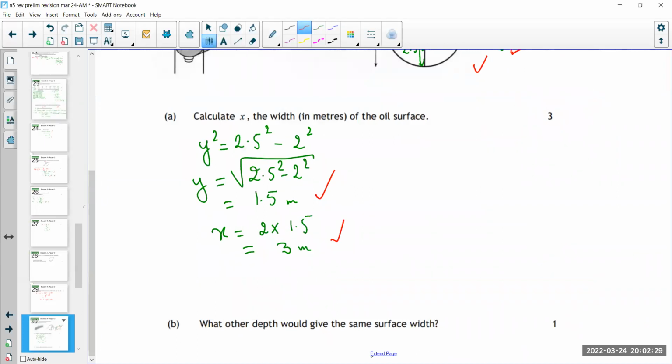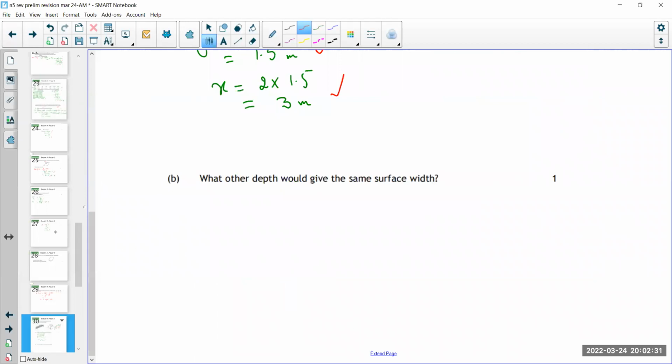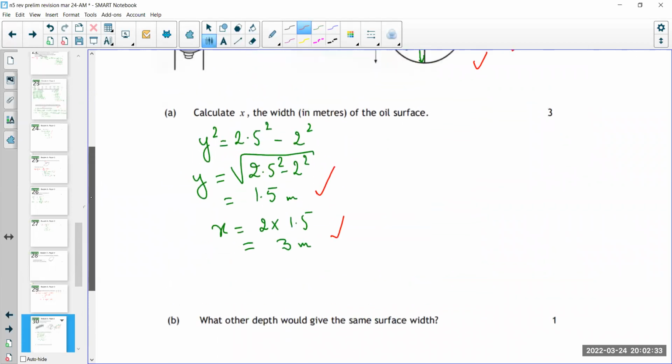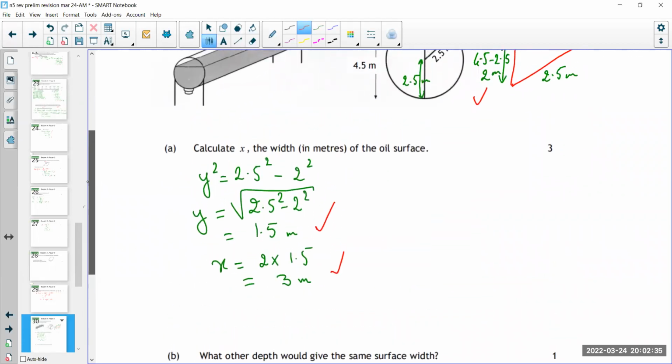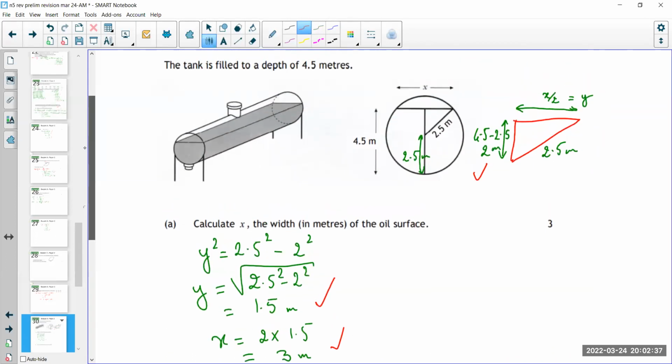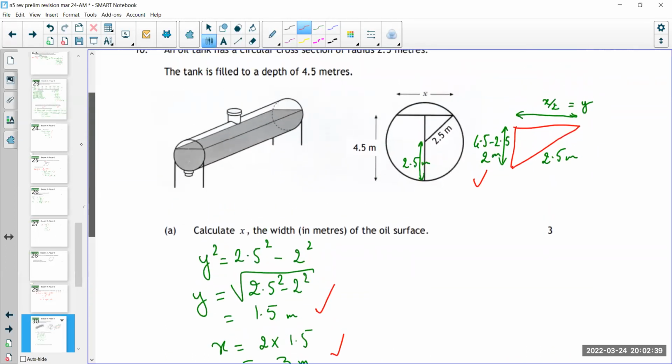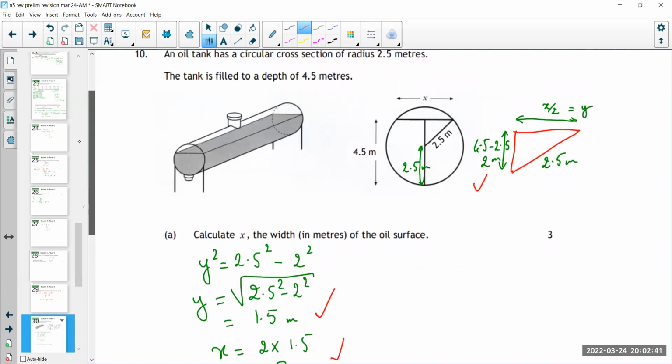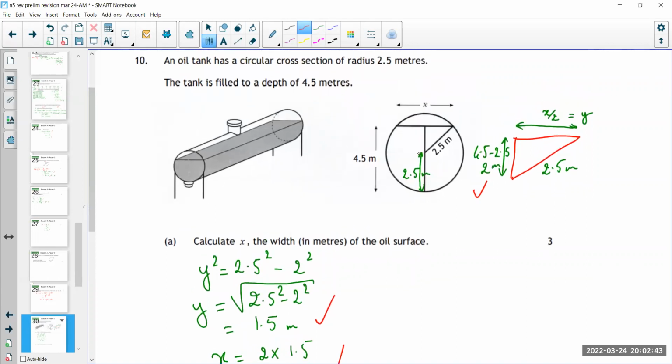So what other depth would give the same surface width? You can say by symmetry, we would have the same depth as 2.5 minus 2. If you look at it here, you would need to be at 2.